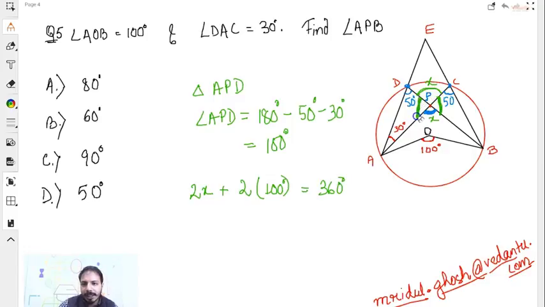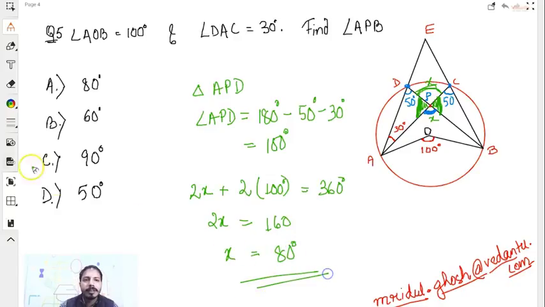I'm explaining again: this is 100, this is 100, this is X and this is X. If I add all of them, I should get 360 degrees. So twice X is 360 minus 200, that is 160. Therefore X is equal to 80 degrees. Simple. Okay.